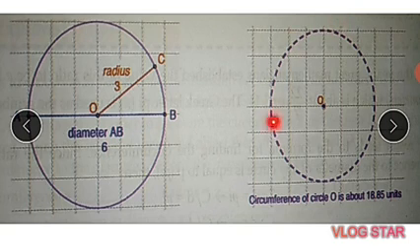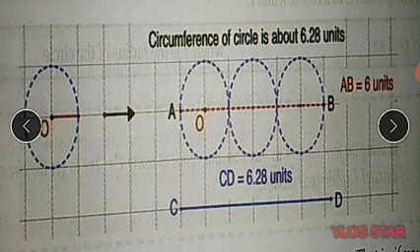So we compute, since its radius is 3 units, its circumference is 18.85.